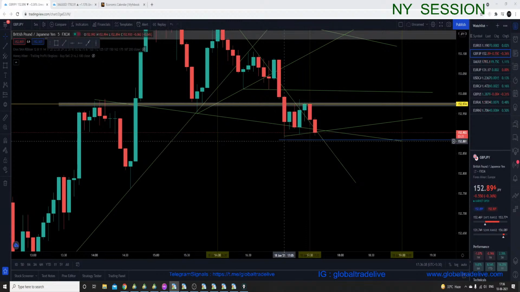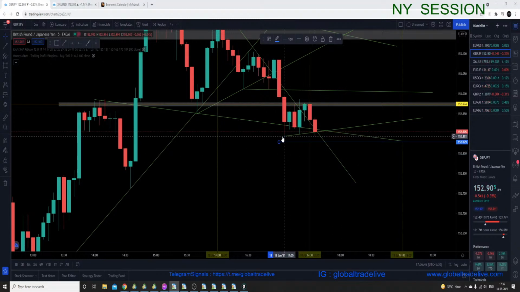So I'll just take this price a little bit more down. This will be the execution price here, because if it breaks this low over here, then it has to come a little bit more down, and then it has to go all the way down, because right now it can reject this area also. So very, very delicate situation right now.